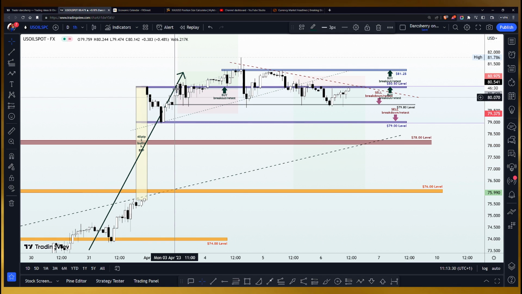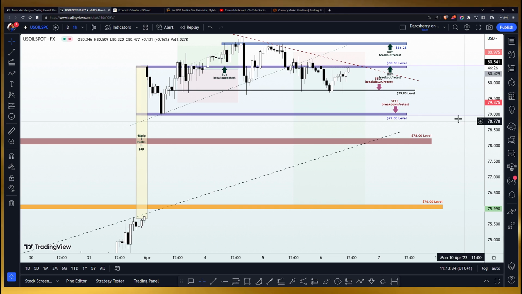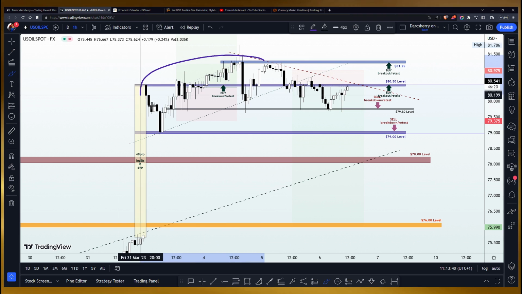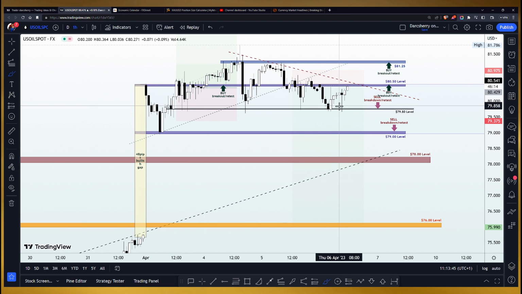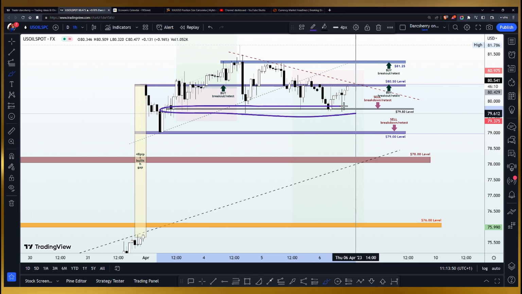And if we look at the current structure and at what has been happening in the last 72 hours, you would notice that price action appears to be transitioning into something that looks more like a reversal pattern, where the neckline of that reversal pattern falls around the $79.80 level.